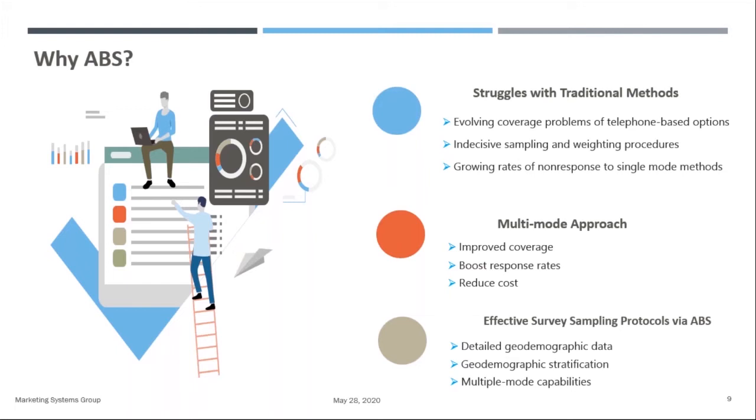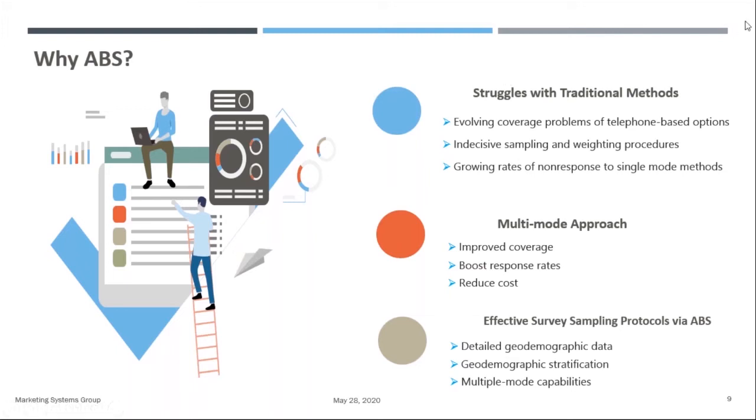We are talking about ABS because, as those of us in the survey research field know, for a couple of decades we have been struggling with traditional methods for various reasons, including evolving coverage problems associated with these traditional methods, particularly phone-based methods, and specifically the good old random digit dialing.